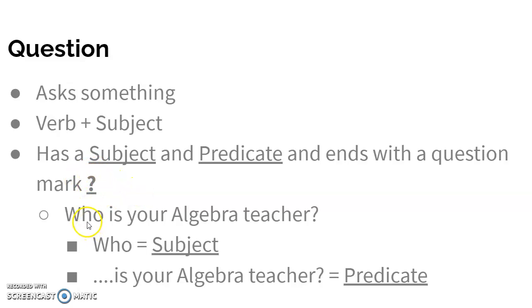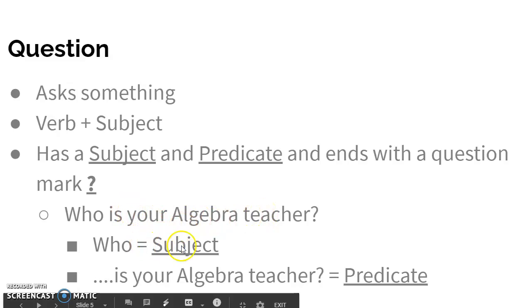Here's the example: Who is your algebra teacher? The subject is who. Who is the subject. The predicate is is your algebra teacher.